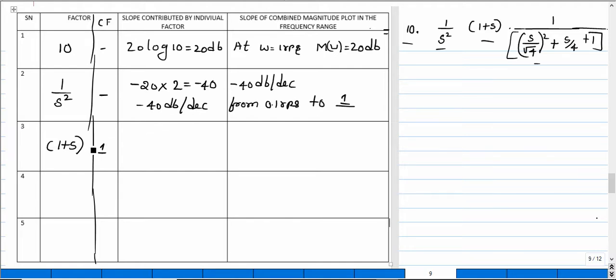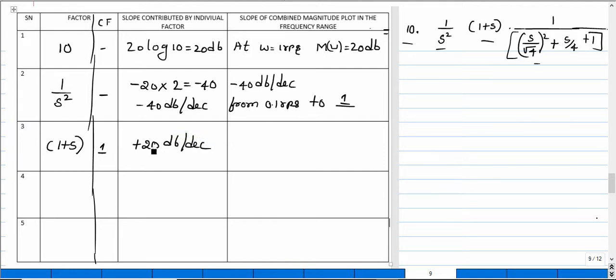For this, yesterday I committed a mistake by writing minus 20. Make sure whether it is in the numerator or denominator: if it is in the numerator, 1 plus Ts, the slope will be plus 20; if it is in the denominator, minus 20. So it is in the numerator, that will be plus 20 dB per decade.